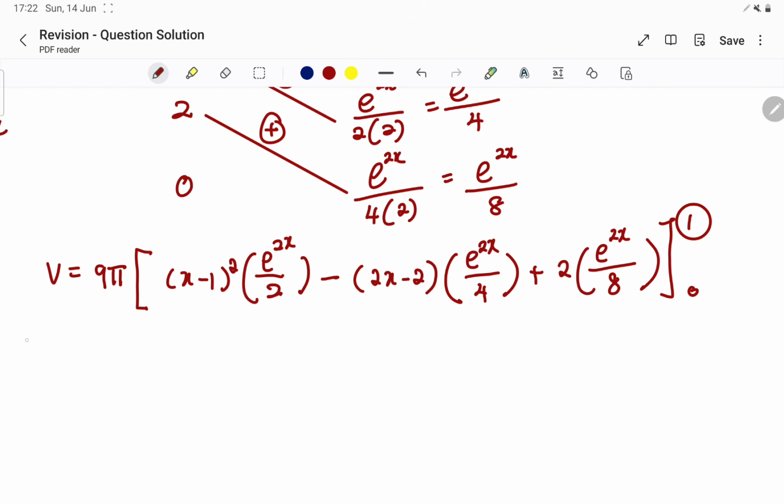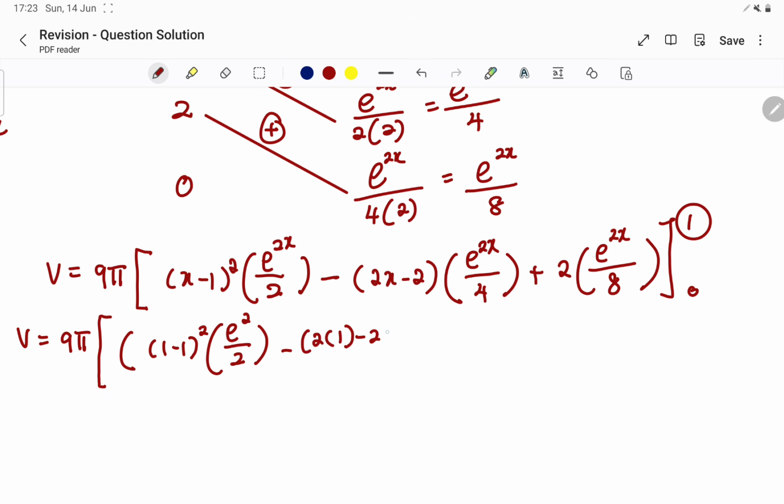So (x minus 1) squared becomes (1 minus 1) squared, then e to the power of 2 divided by 2, minus 2 multiplied by (1 minus 1) minus 2, e to the power of 2 divided by 4, plus 2 e to the power of 2 divided by 8.